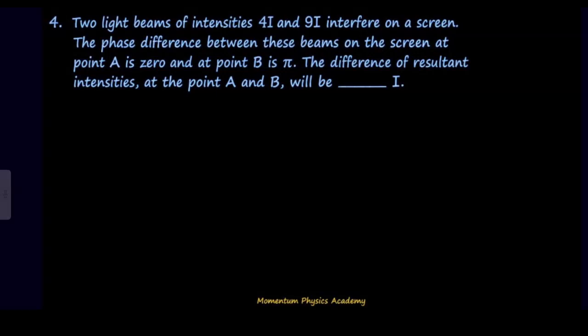Two light beams of intensity 4I and 9I interfere on a screen. The phase difference between these beams on the screen at point A is 0, and at point B is pi. They are asking to find the difference of the resultant intensities.